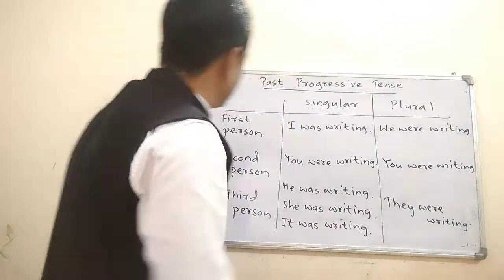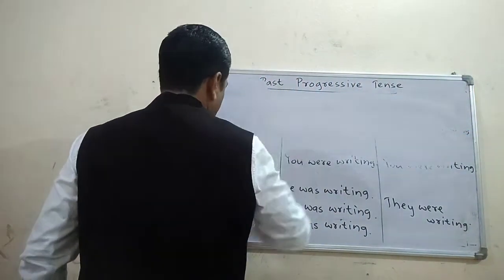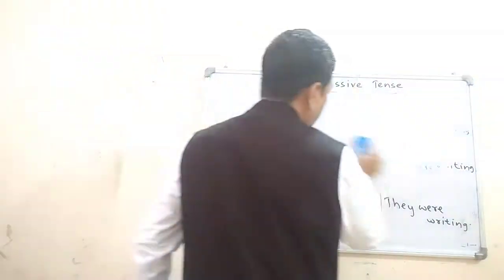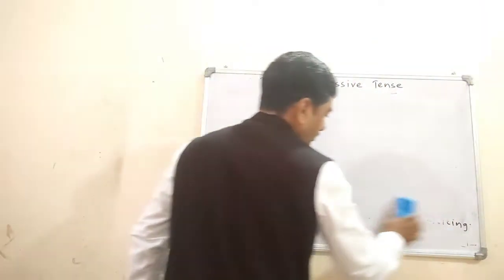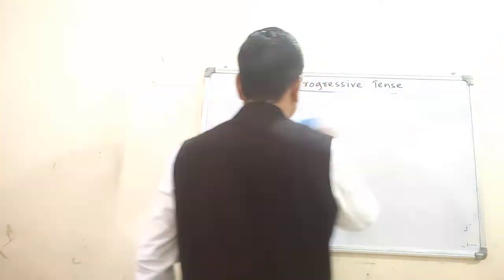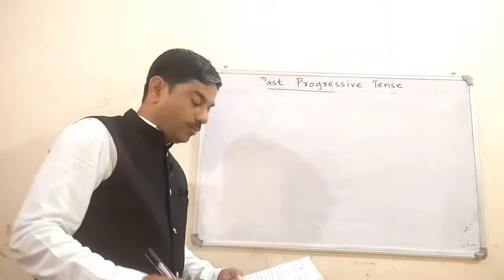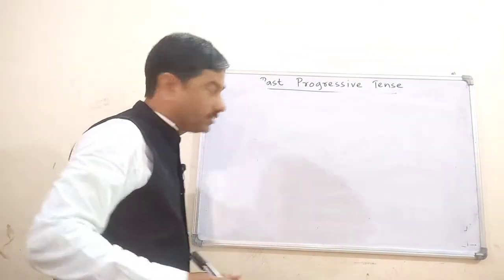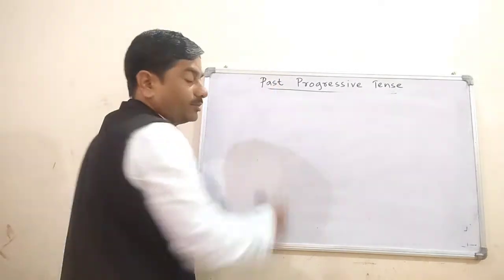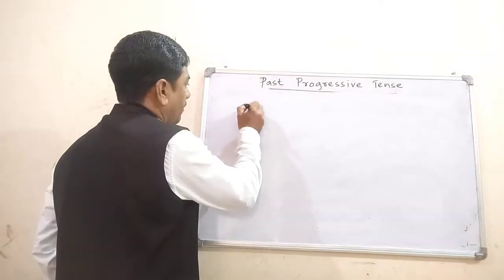I will write here one sentence. Now we are studying how to make use of simple past tense and past progressive tense simultaneously. The postman knocked while I was having a bath. We are now making use of simple past and past progressive.